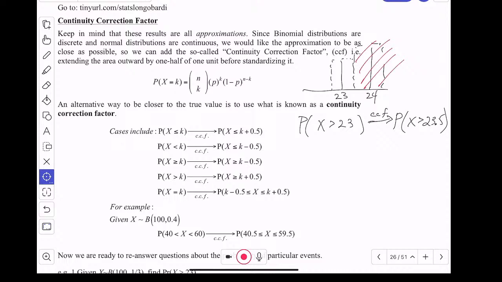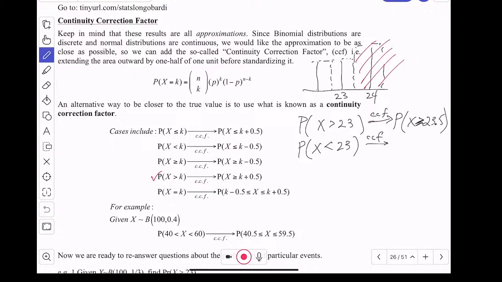So what I've just described is this case here. I could write greater than or equals to, but it doesn't matter because it's a continuous distribution now, but that's what it would be. So what if I wanted x less than 23? What would be the correction factor for that? For x to be less than 23, I don't want to include 23.